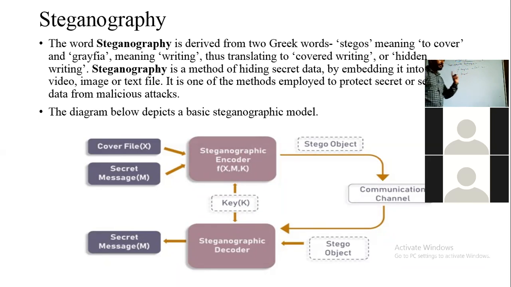Second is keyed transposition technique. In this we will use a key. On the basis of key, we will convert the plain text into the cipher text. We have a method in keyed transposition technique.